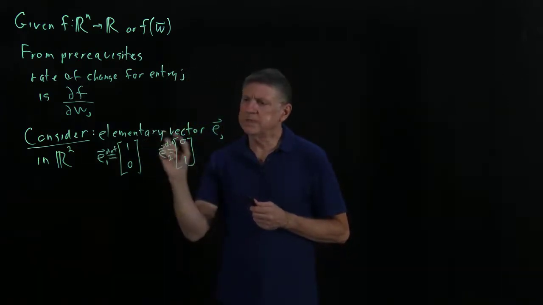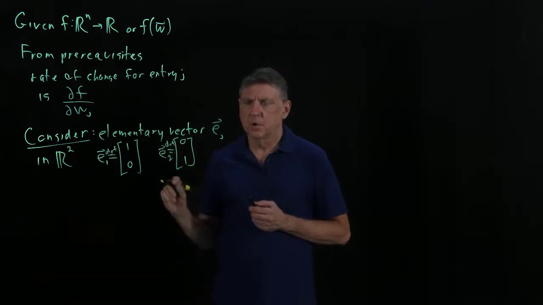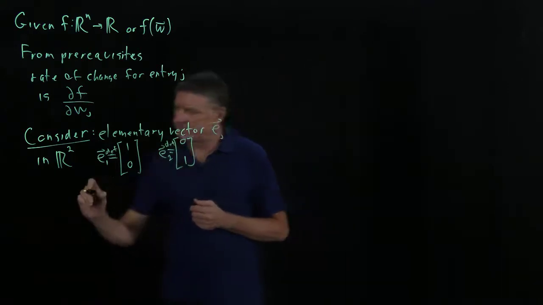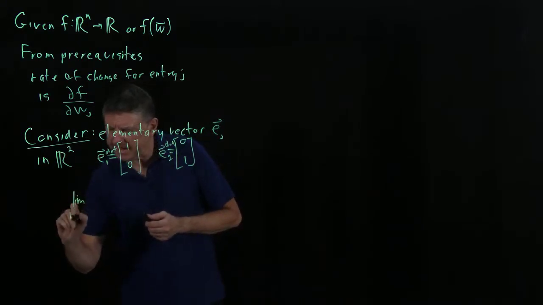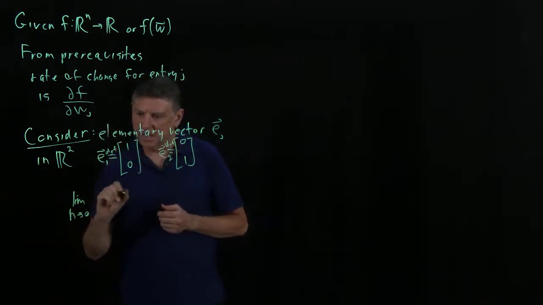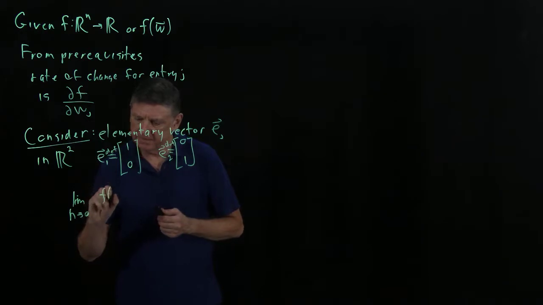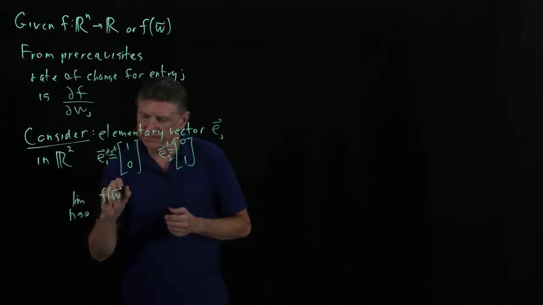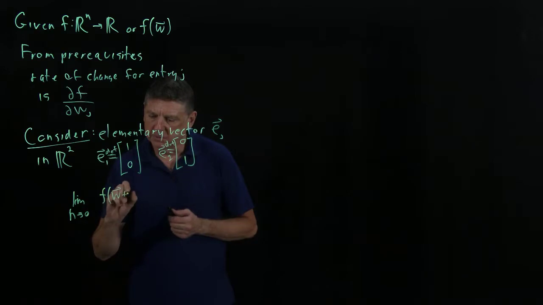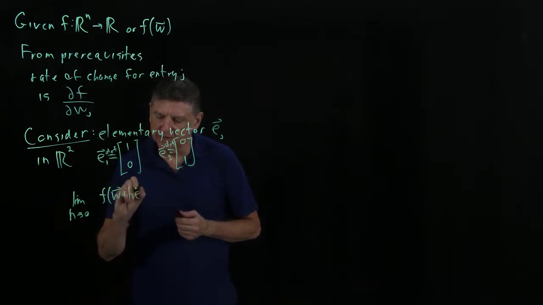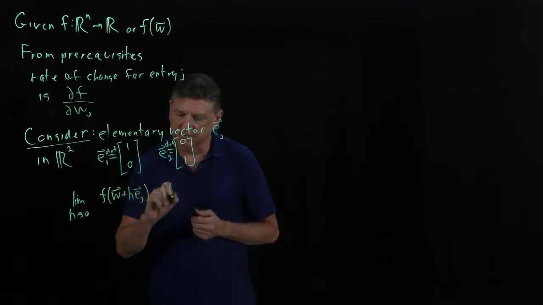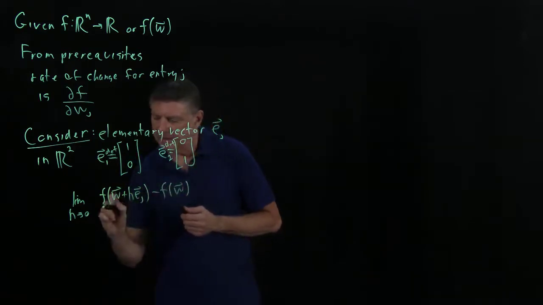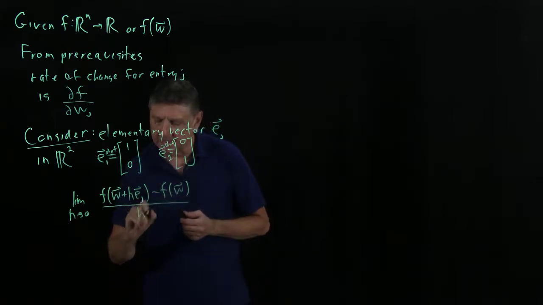So now, for these elementary vectors, what if we take the limit as a scalar value h goes to 0 of our function at the argument plus h times elementary vector j, subtract the level at the argument, and divide that by h?